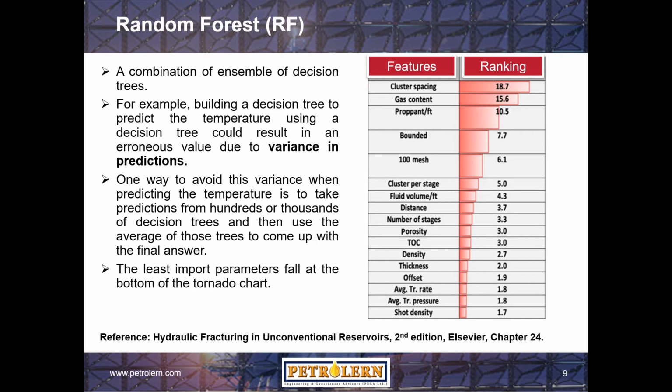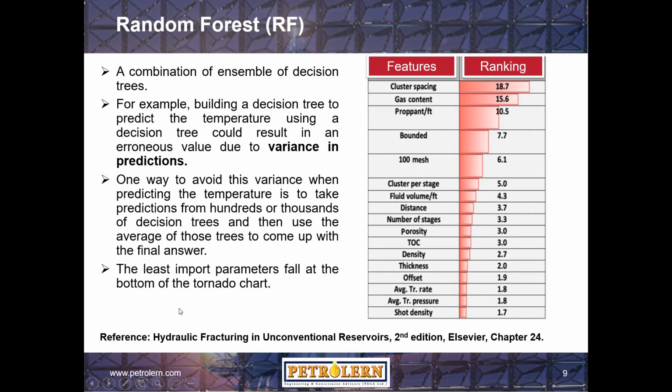Okay, and basically the way that random forest ranks the parameters is that the parameters with the least important impact fall at the bottom of the tree. And those parameters can basically either be removed from the analysis or just not included in the analysis.